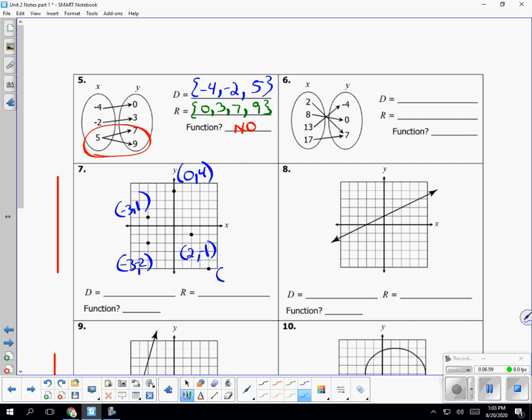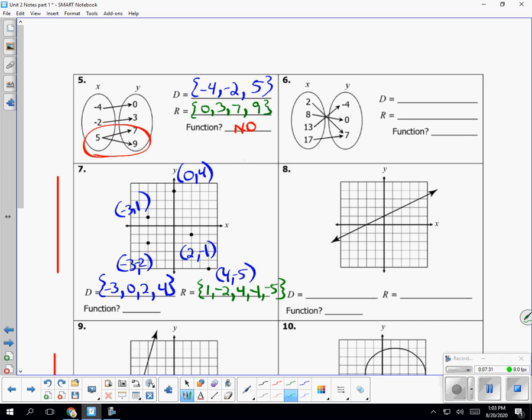And I have one down here, and this one is going to be 4, -5. Okay, so let's go ahead and list our domain and range values. My domain is going to be -3, 0, 2, and 4. And my range values are my y values. I have 1, -2, 4, -1, and -5.